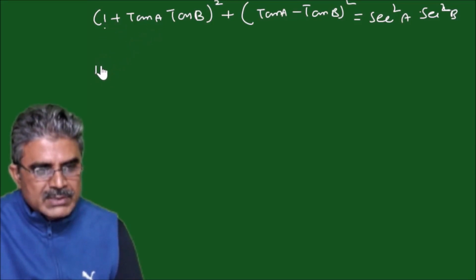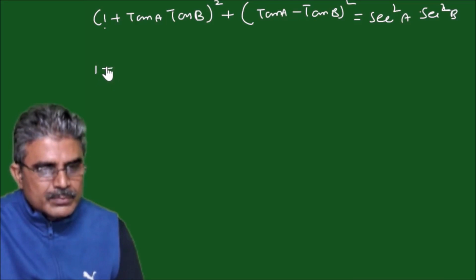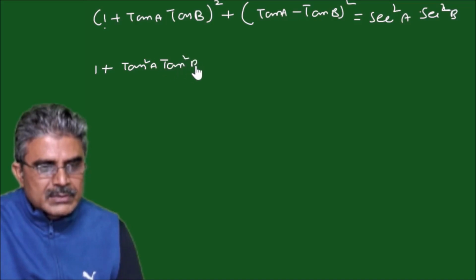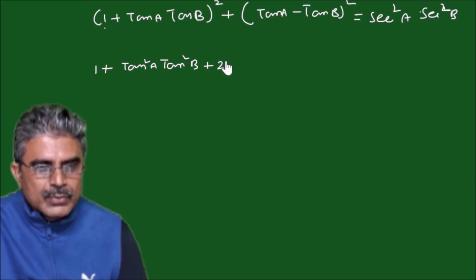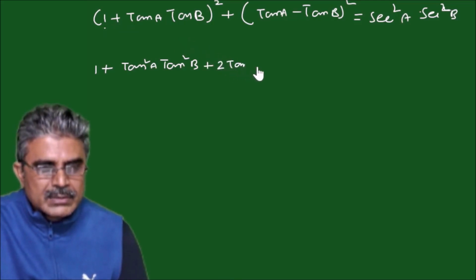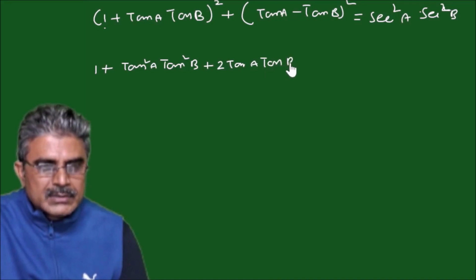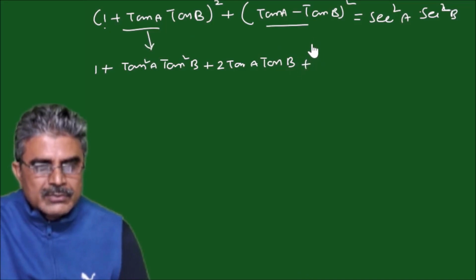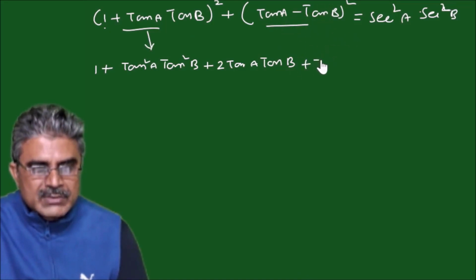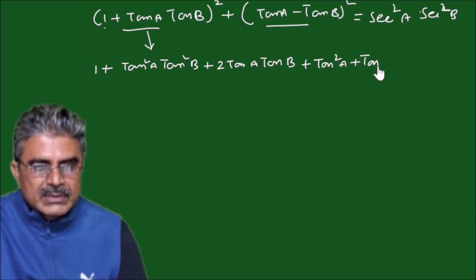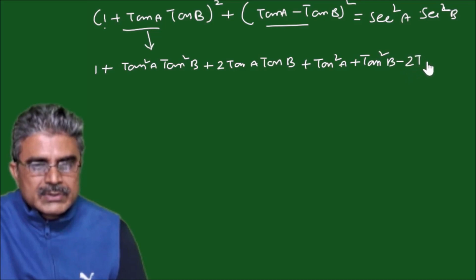I can write (1 + tan²a tan²b)², that is 1 plus tan²a tan²b squared term, plus 2 into 1 into tan a tan b. So this expansion is over. Consider the second term, (tan a − tan b) whole squared, that is tan²a plus tan²b minus 2 tan a tan b.